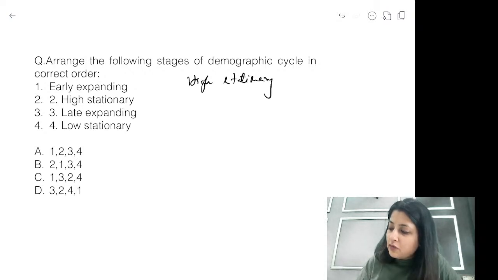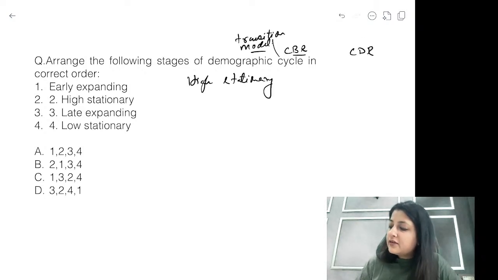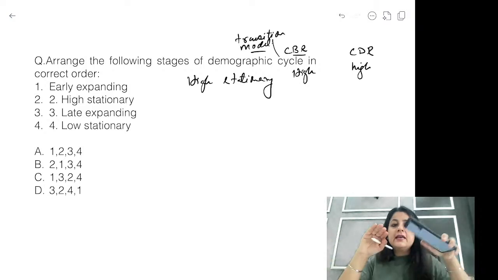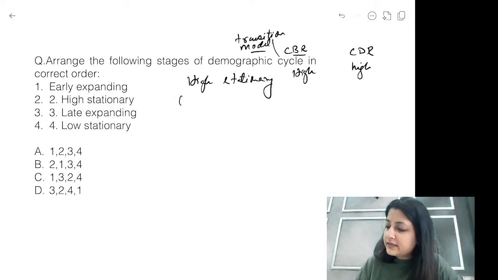Let's revise it. What happens in the high stationary stage? You all know the demographic cycle, or basically we can call it the demography transition model. It is governed by two things, CBR and CDR. In high stationary, CBR is high and CDR is also high. So both are high and population is stable.